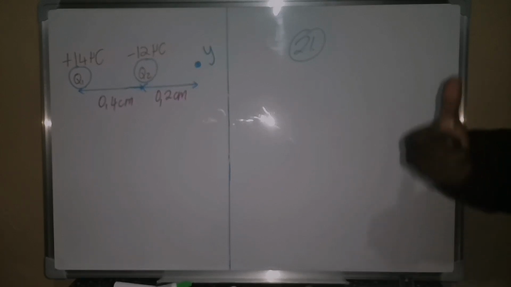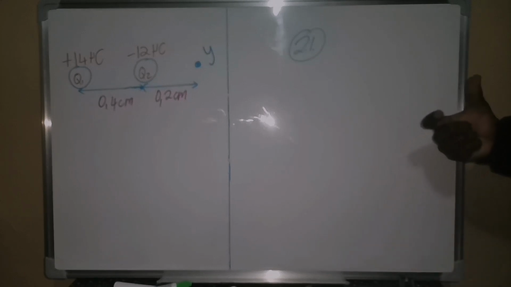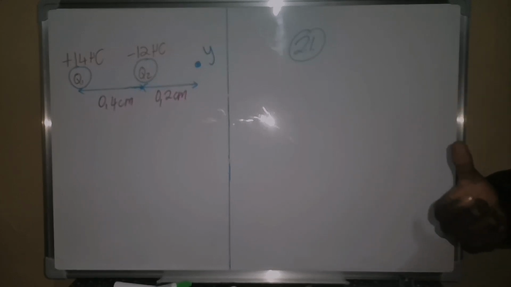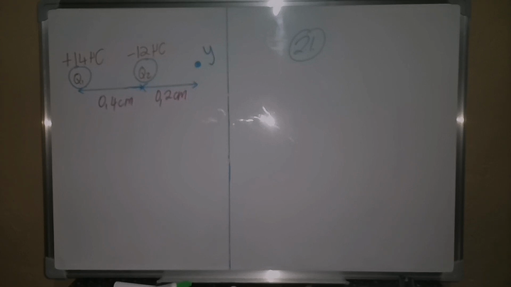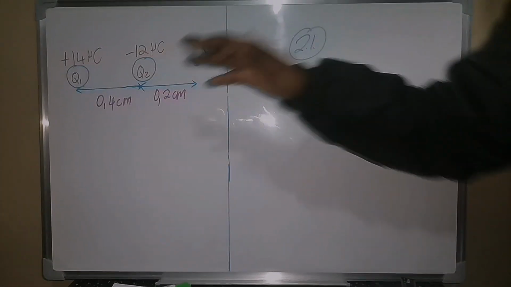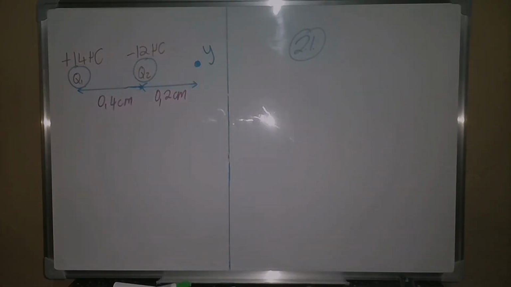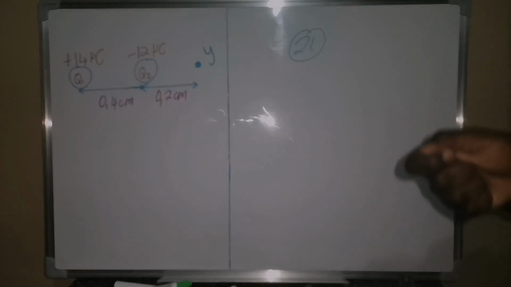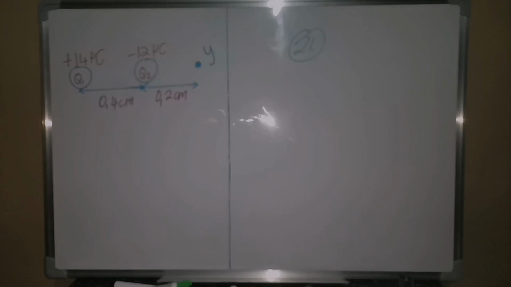You think about the magnetic field again, drawing those lines that show which charge will release the field lines and which one will receive them between Q1 and Q2.